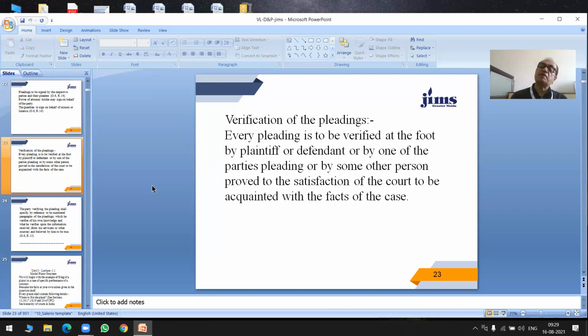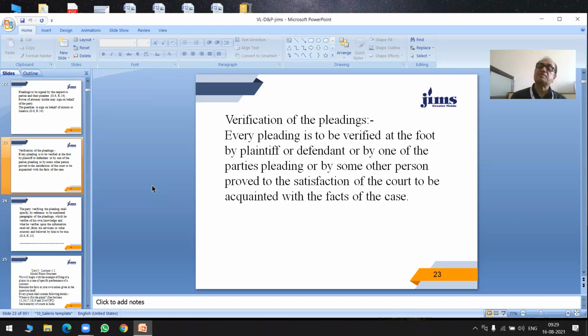It's not necessary that the plaintiff himself knows all the facts. Maybe the clerk or munshi on behalf of the plaintiff, or the landlord who collects the rent on behalf of the owner of the property, may be a better person. He may have knowledge of all the facts instead of the owner.